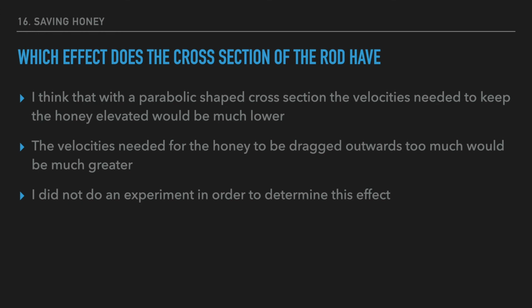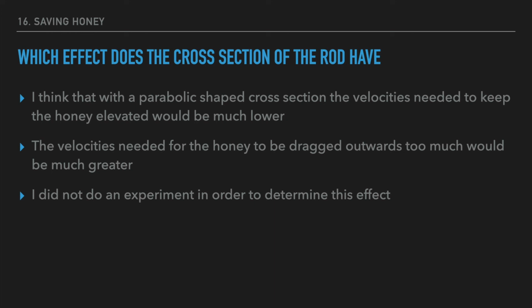Main question: which effect does the cross-section of the rod have? I think that with a parabolic shaped cross-section, the velocities needed to keep the honey elevated would be much lower, as the forces influencing the honey would mainly press against the parabolic shaped cross-section, thus making the velocities needed for the honey to be dragged outwards much greater.